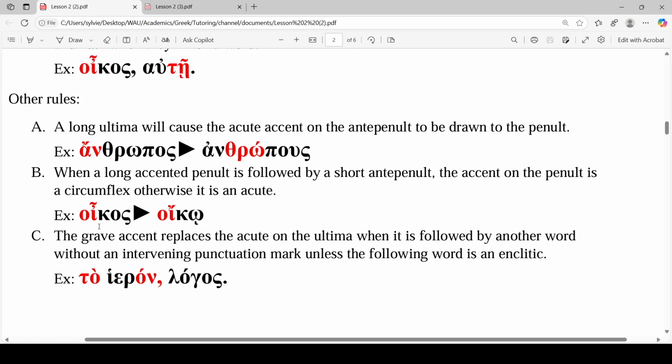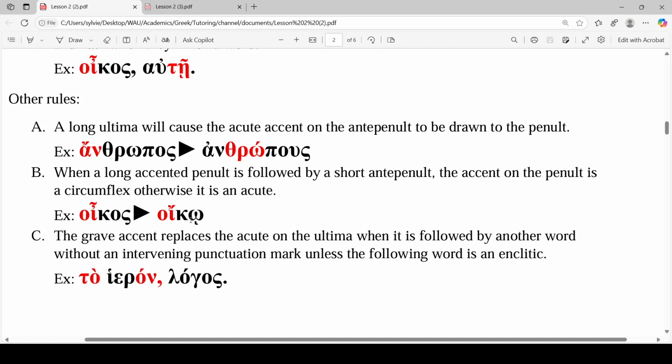But there is another precision that needs to be added. In this form of the word oikos, the circumflex accent is only possible because the ultima is a short syllable.